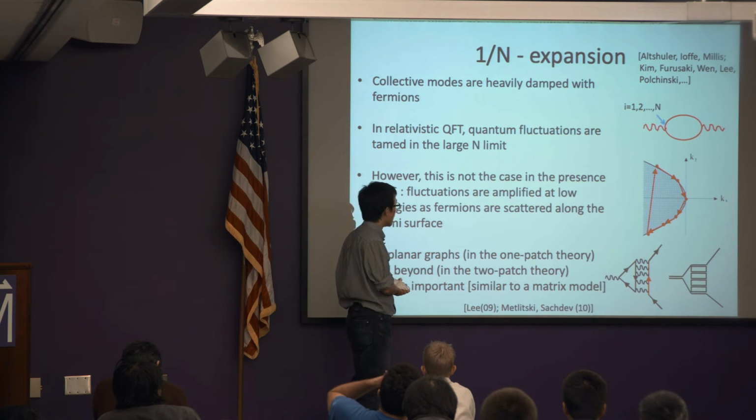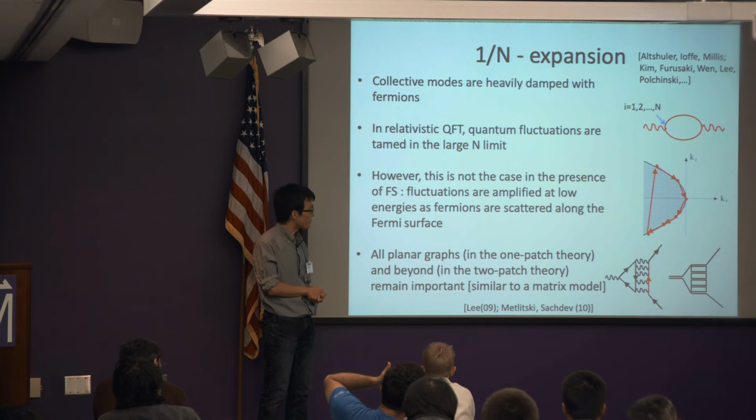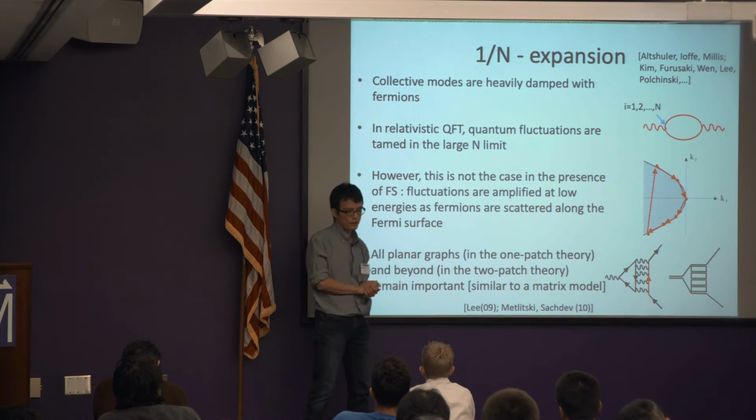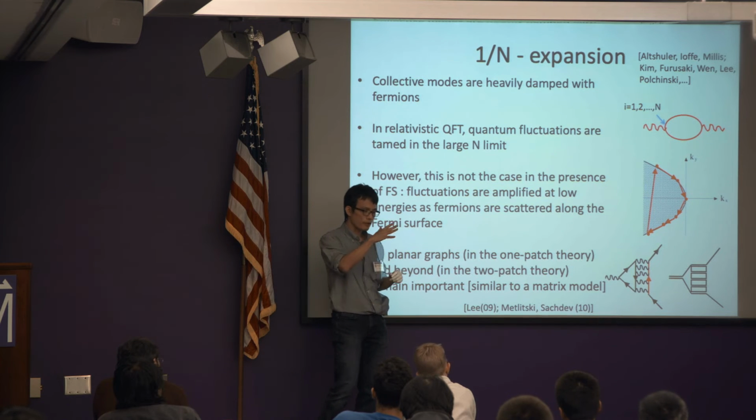However, this is not the case in the presence of Fermi surface, and the reason is that there are so many gapless modes on the Fermi surface that some scattering processes are strongly enhanced.